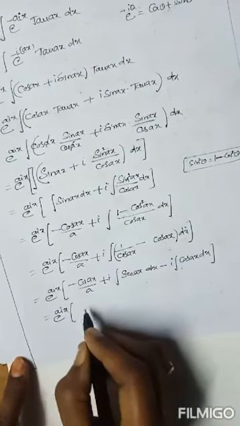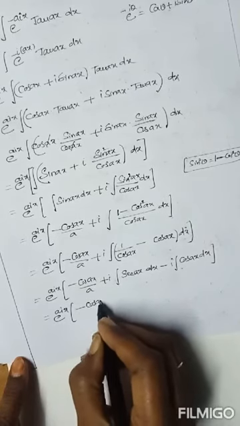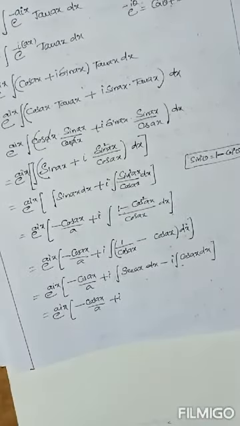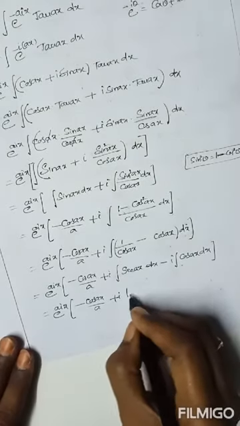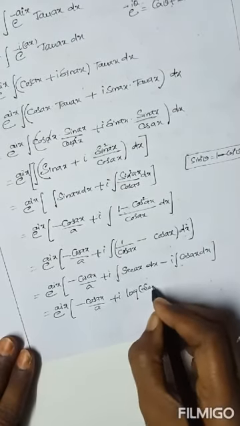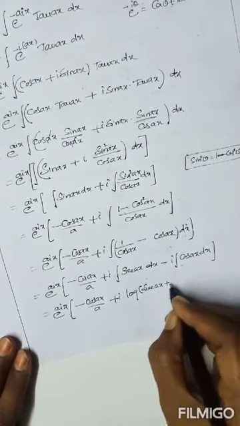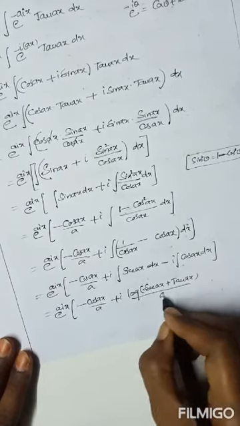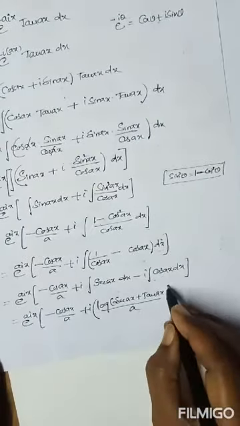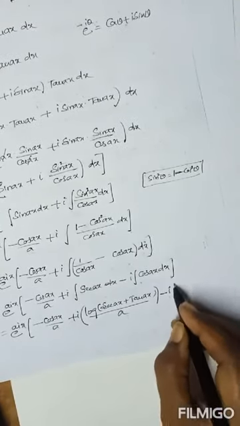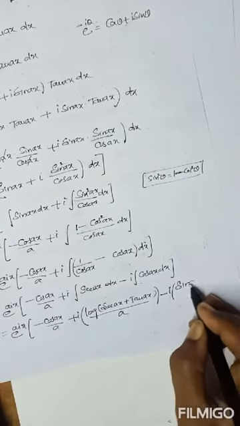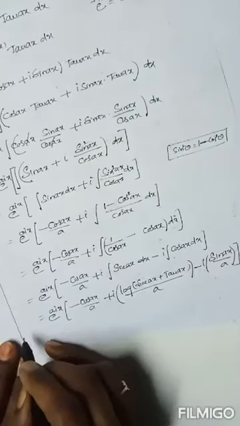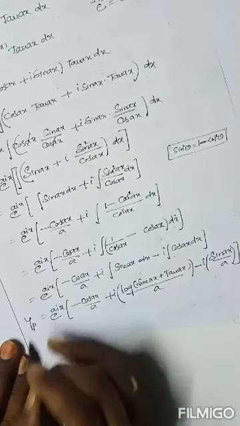This is a standard integral formula. Integral of secant ax is log of secant ax plus tan ax, by a, minus i. Cos ax integration is sin ax by a. This is the value of yp1.